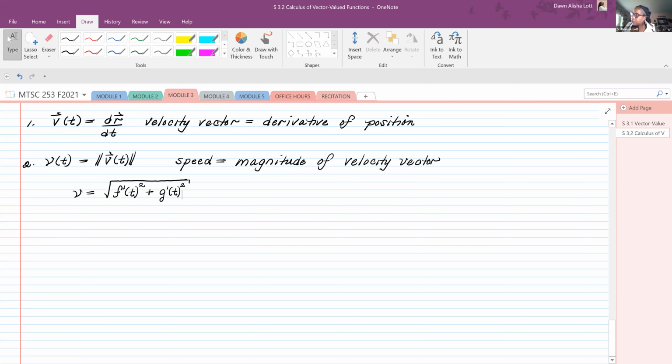Okay. Acceleration, a of t. It is the derivative of the velocity vector, and it is the second derivative of the position vector. So this is the acceleration.